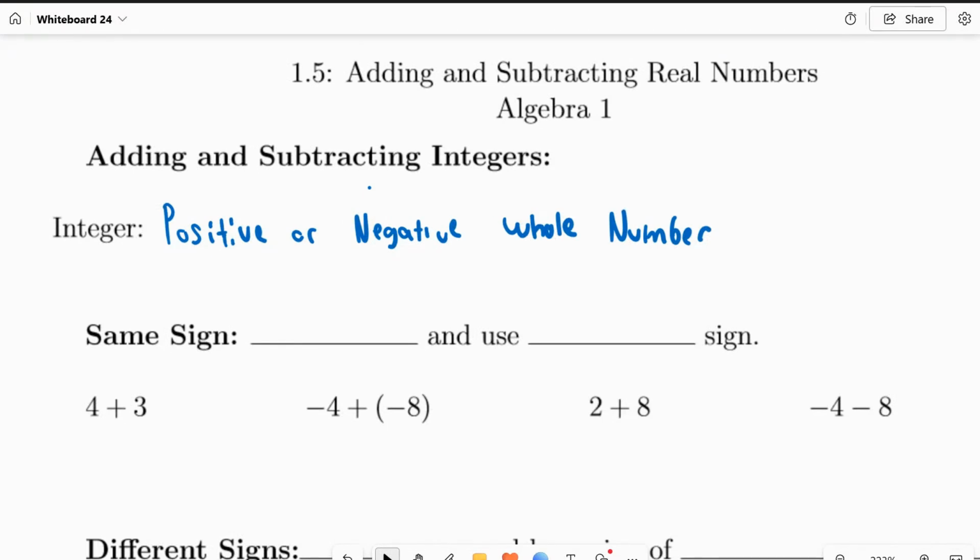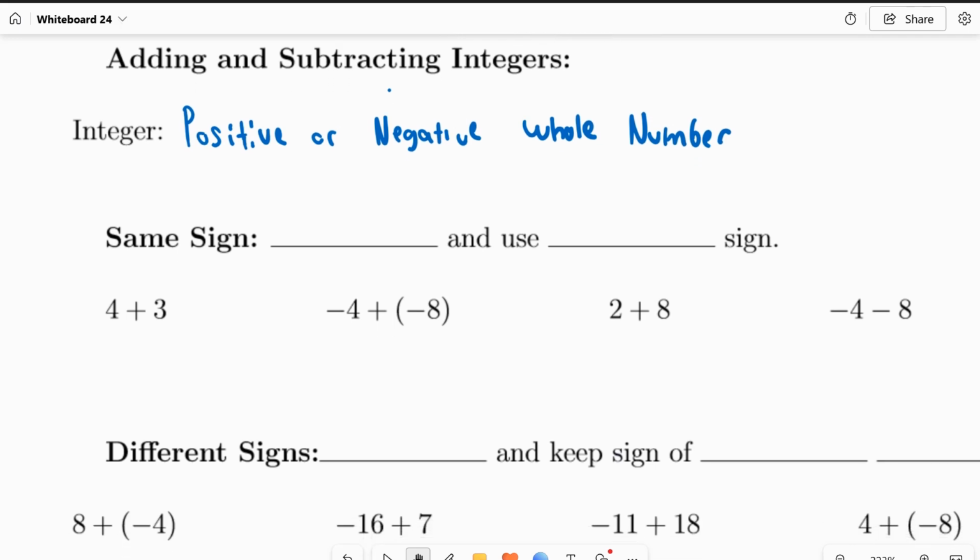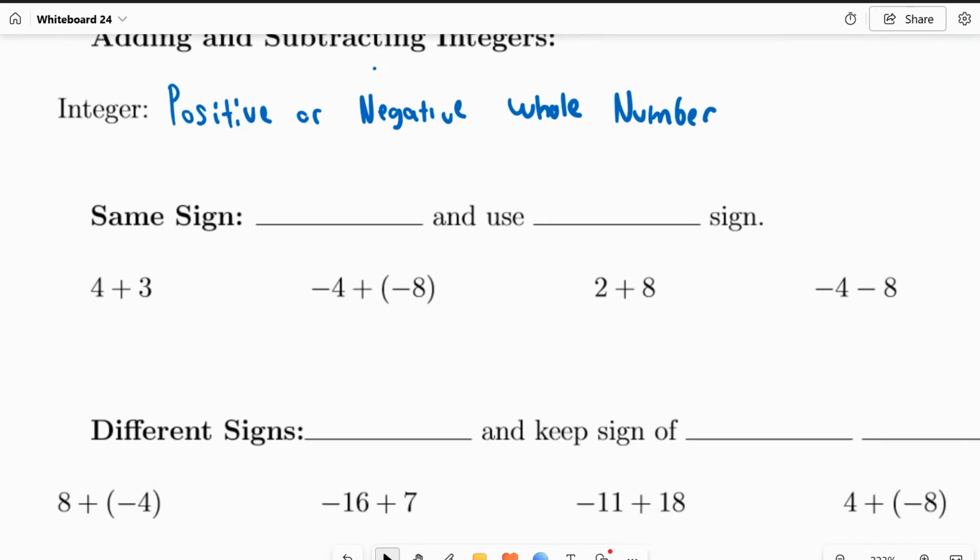Okay, so remember, if we have the same sign, so both numbers are positive or both numbers are negative, we are going to add the two numbers together and use the common sign. So for example, if we took 4 plus 3, obviously 4 plus 3 is 7, and since both of the numbers are positive, our answer is going to be 7.